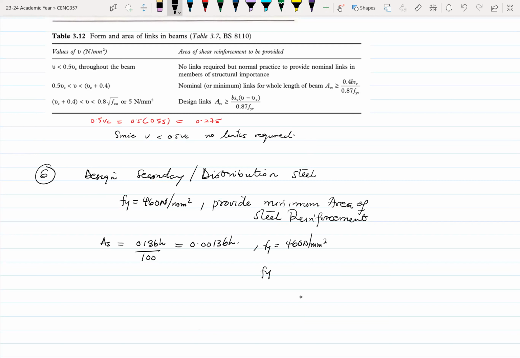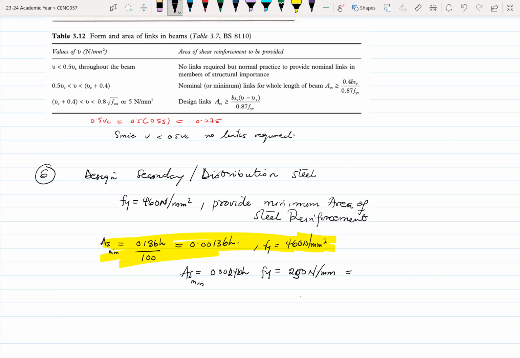If Fy is 250, we normally use AS minimum, since it's our minimum, equal to 0.0024 BH. But what we are using now is this one over here.